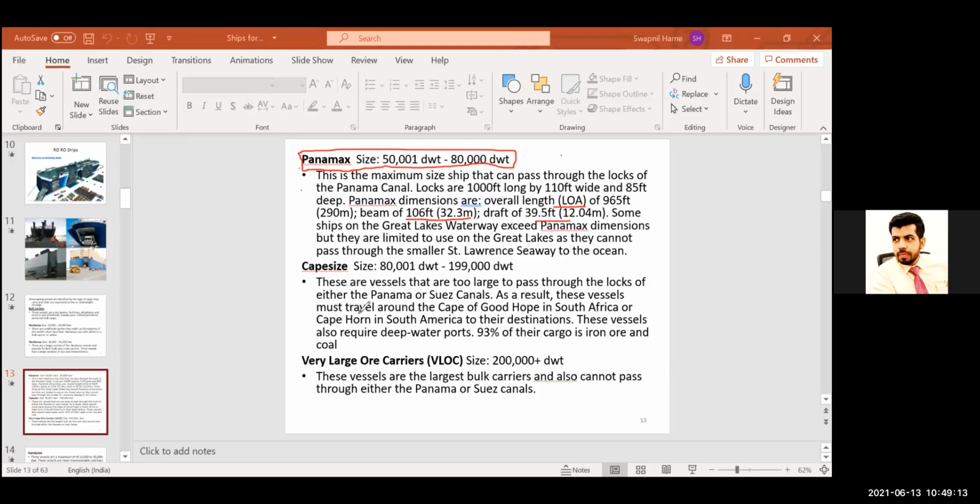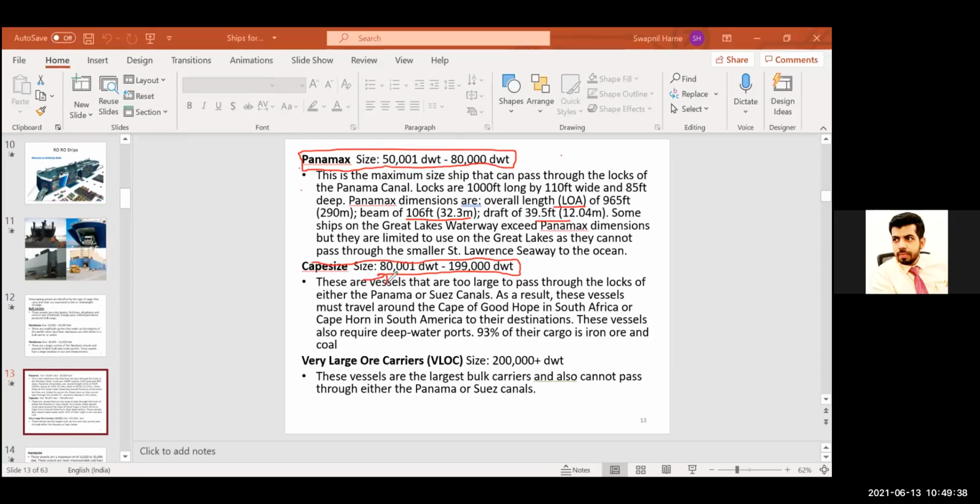Okay, now see over here, Cape sizes, 1,80,000 to 1,99,000 deadweight. We call it Cape sizes. Typical type of a Cape size bulk carrier, if I tell you, that ranges... no one constructs a Cape sizer of 80,000 deadweight tons.